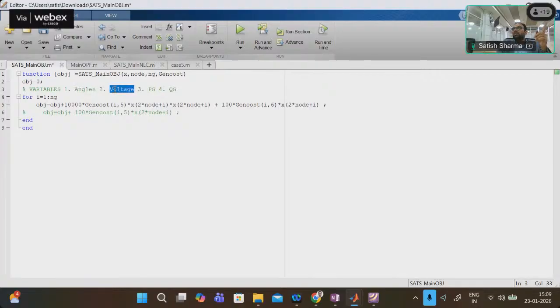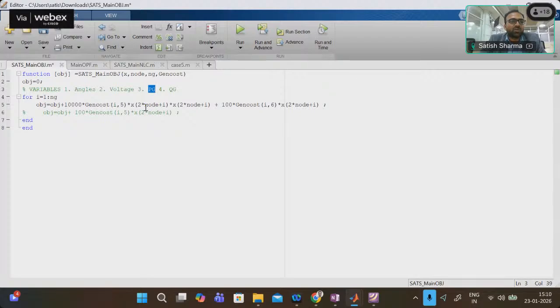So 10 variable places in x are reserved for angles and voltages. Then we have pg. That is basically 2 into n plus i. So that's why I use 2 into n. That place is defined by pg. And in the objective function we don't have qg, so I'm not using that.